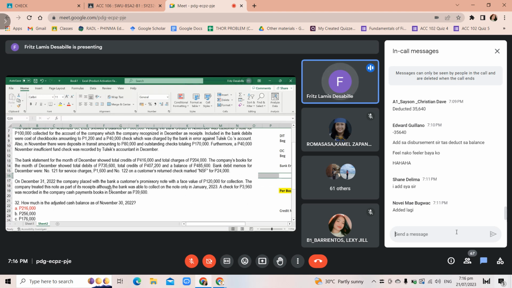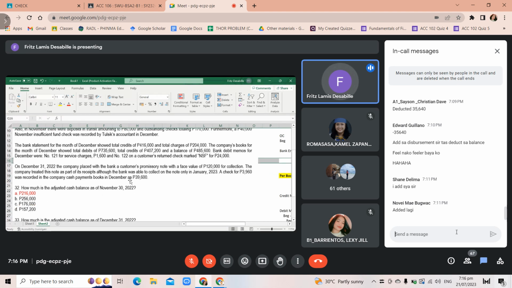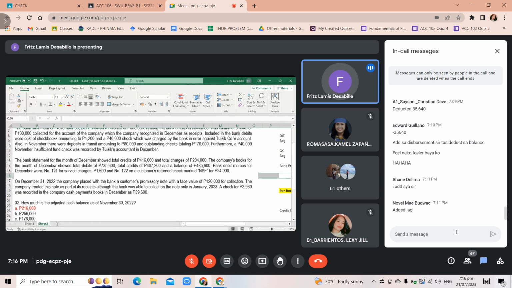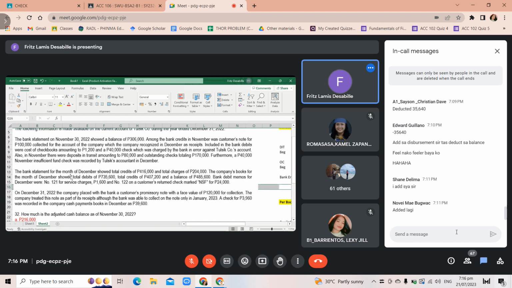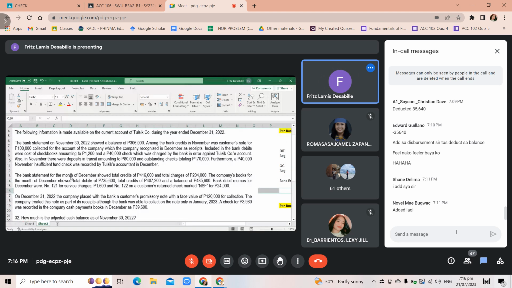In December, the company placed with the bank a promissory note to the face value. The company treated this note as part of its receipts and a check for 3,960. Bank statement, the company's books, bank debit memos. Okay. So no information for that?